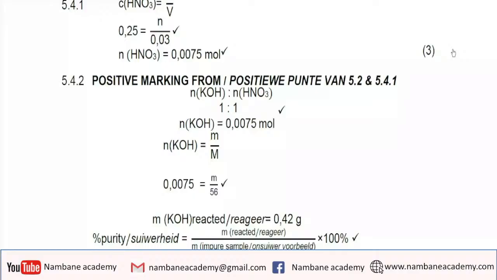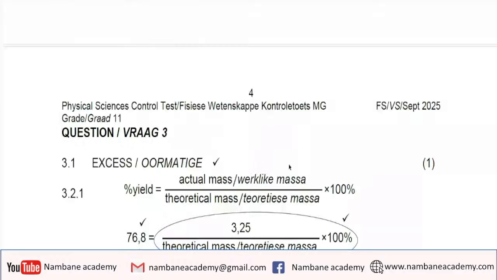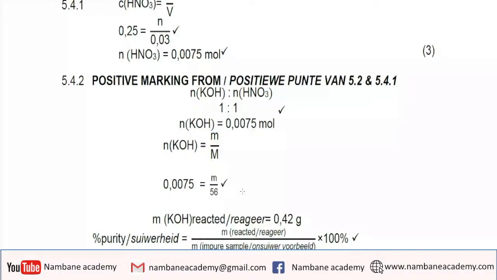Even for consistency, let me go up to question 3.2.1, because there is no mark on that formula. You see it? Yes. Maybe we can give 2 marks on the substitution here. Thank you very much, Mr. Madondo. That is well captured and will be effected on the amended memo. Thank you very much.